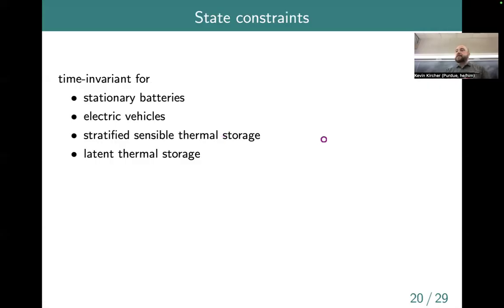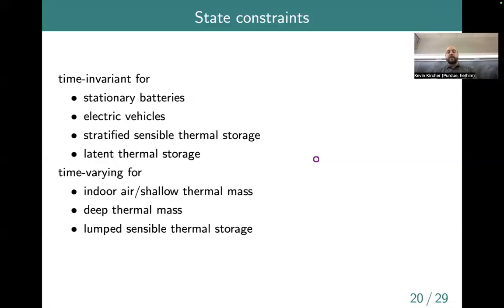The state constraints, so the x min and the x max, are time invariant, meaning they don't change with respect to time for batteries, both the stationary and the EV models, and also for the stratified and the latent thermal storage models. But for the lumped sensible thermal storage model, if you look back, we had actually time varying state constraints.